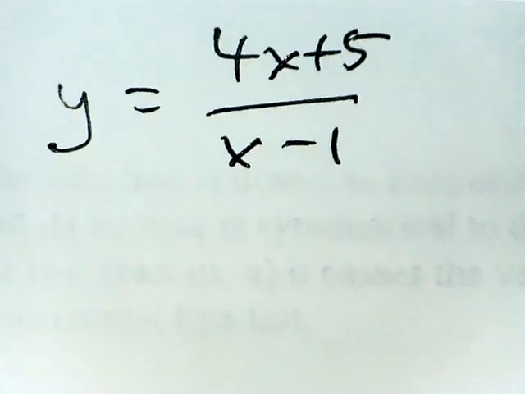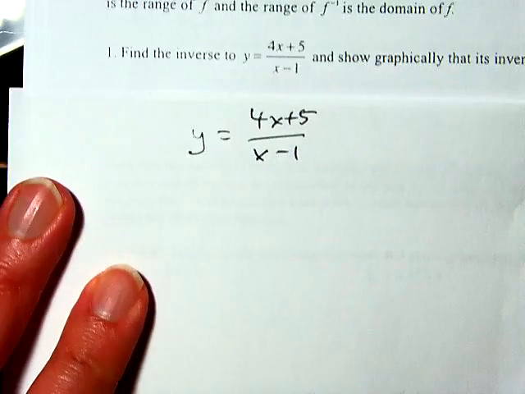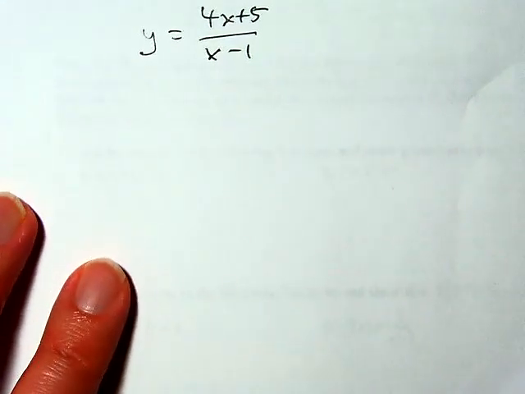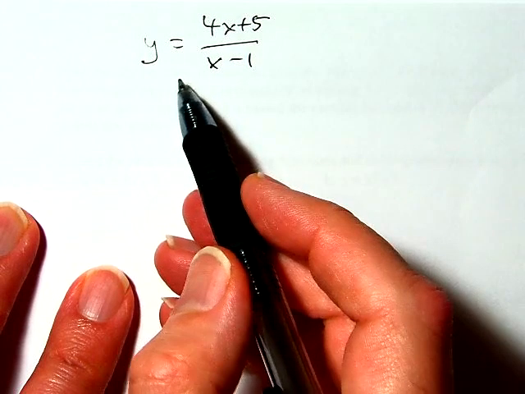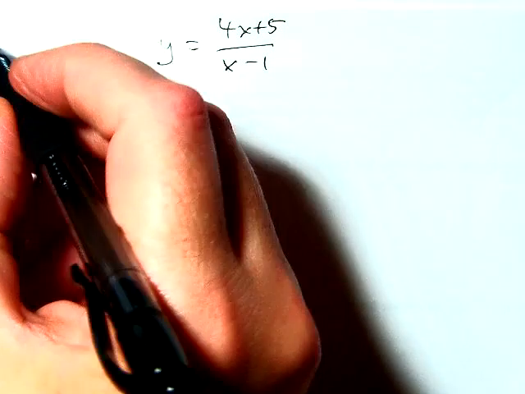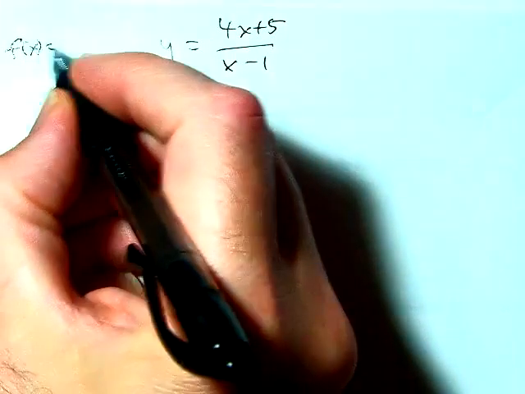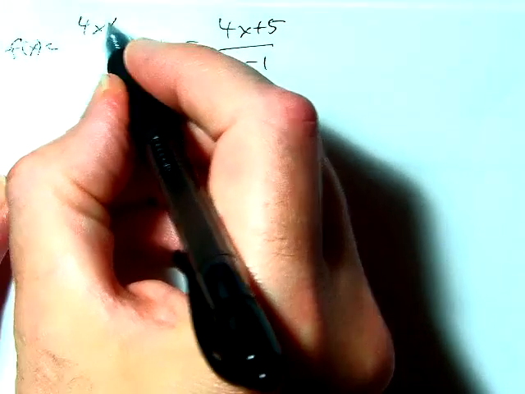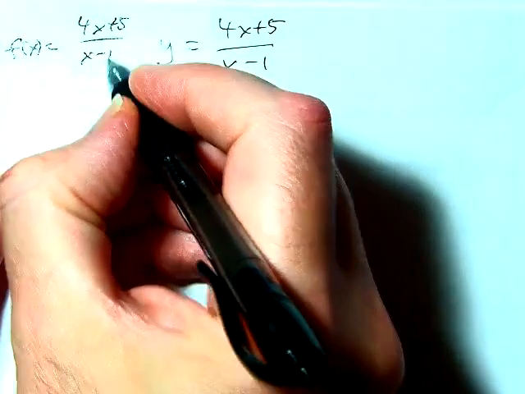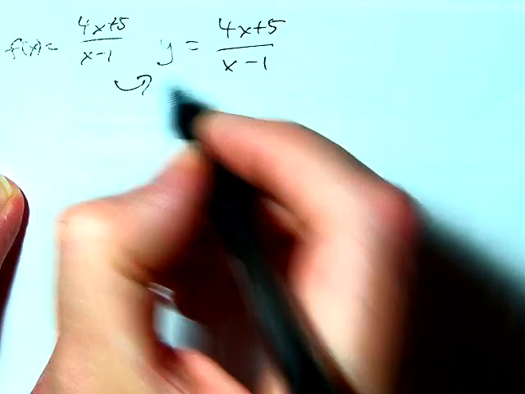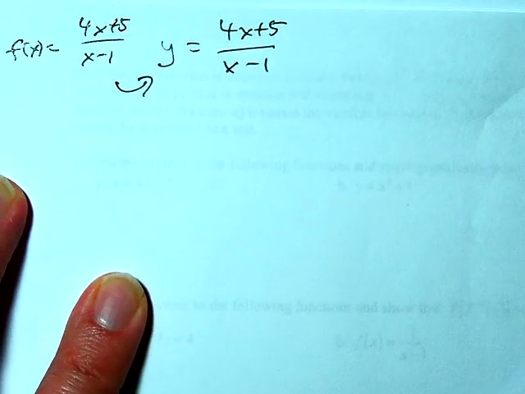And let's review what the steps are in finding an inverse. Well, the first step is to get it into a y equals form. So if we had been given this as a form like f of x equals (4x plus 5) over (x minus 1), the first step would be to change it into a format where it would be y equals.